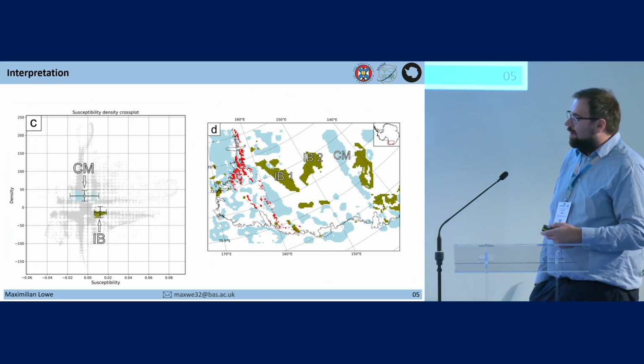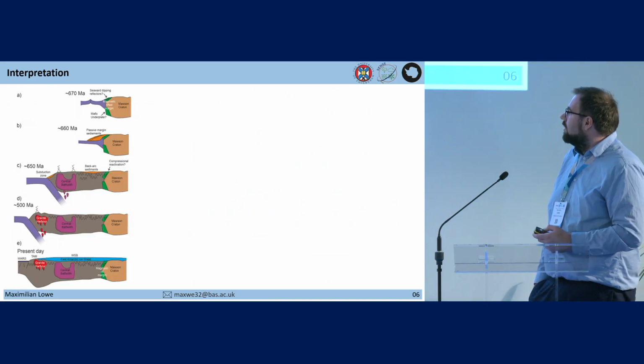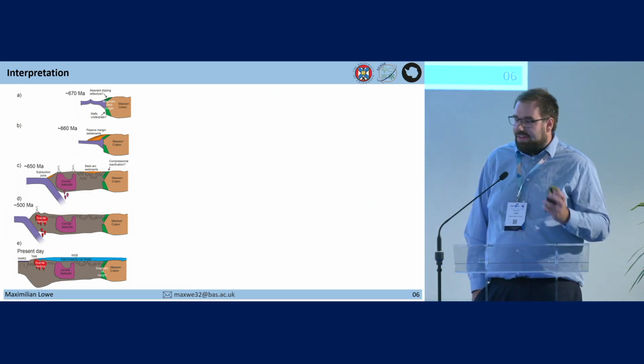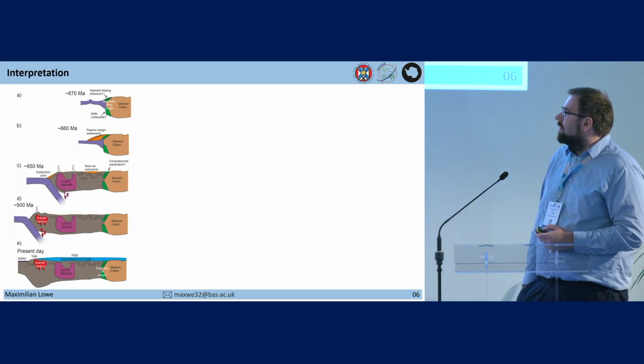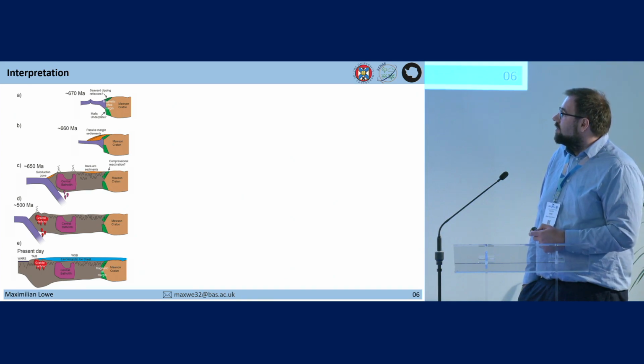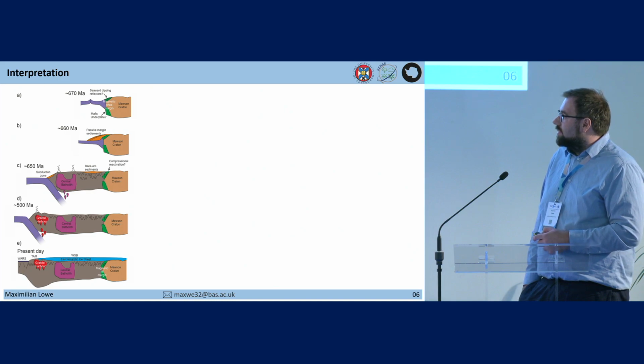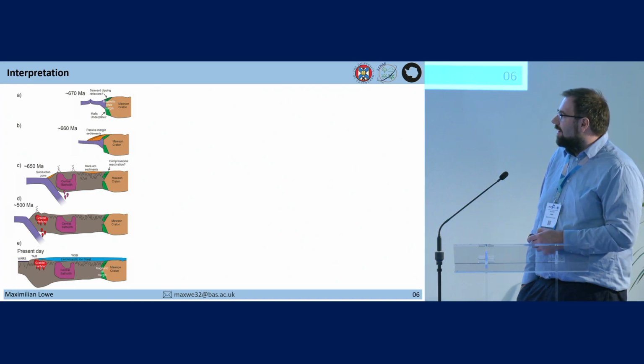So basically, we can use our inversion model to draw sketch maps, and that's the way we probably see it: we had a passive margin developing, and then we had a subduction zone which emplaced this large granitic batholith intrusion, which here is connected again.